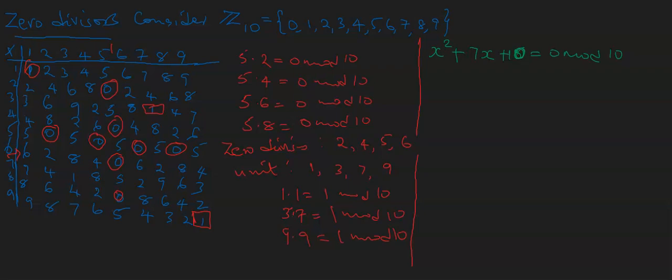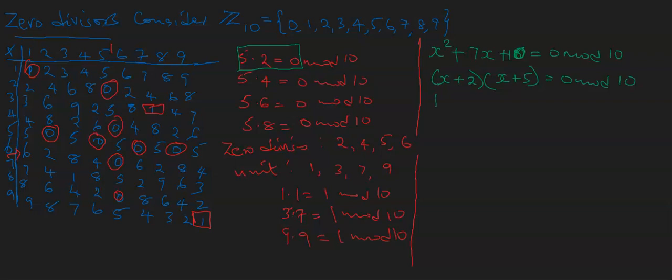If you factorize the left hand side, you'll get x plus 2 times x plus 5 should give us 0 mod 10. Note that in this we are saying that 5 by 2 should give us 0 mod 10.